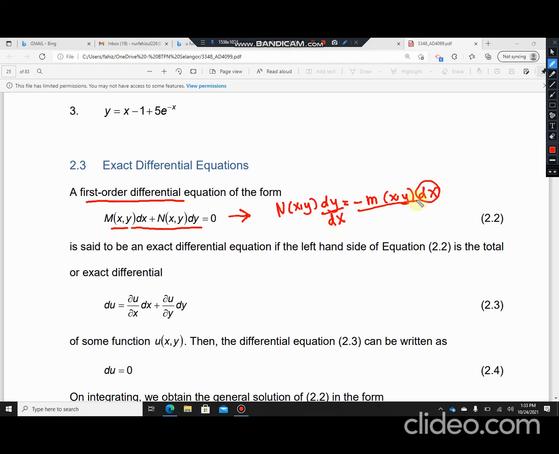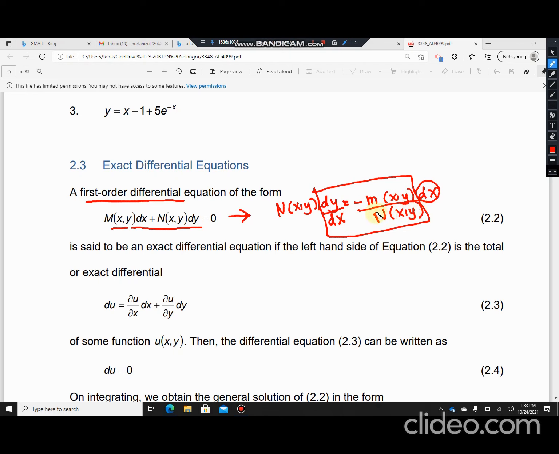So you still get this first order differential equation, which is dy/dx equals negative M(x,y) over N(x,y).